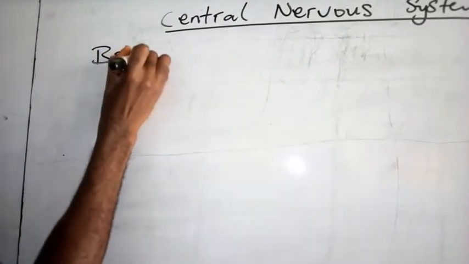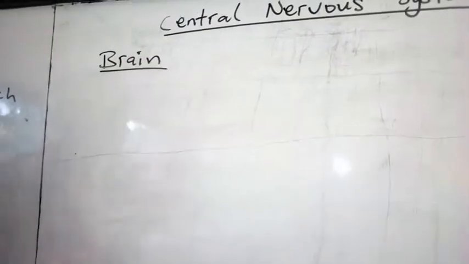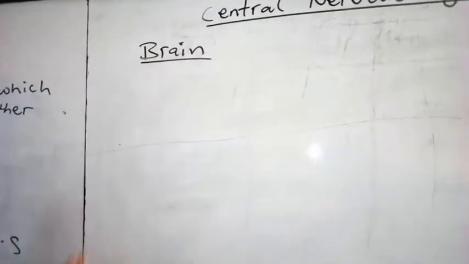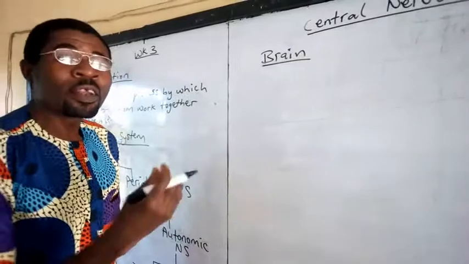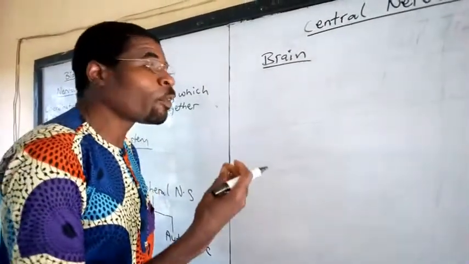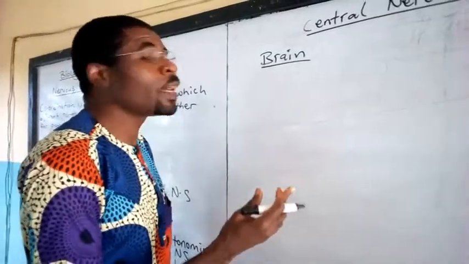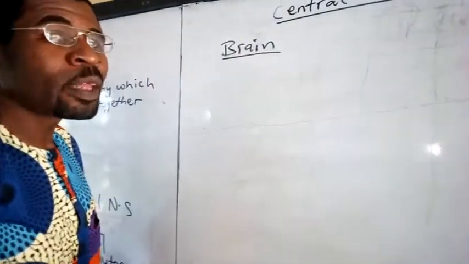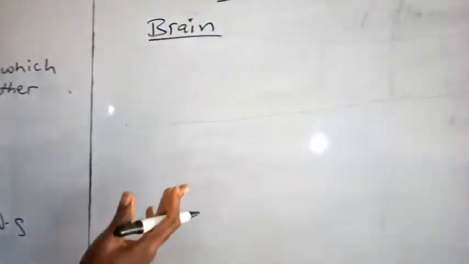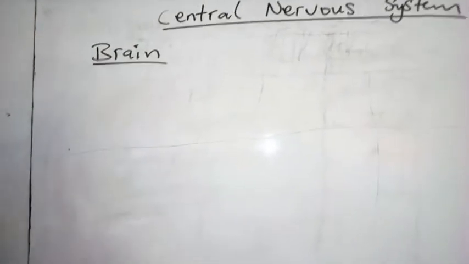Let's start with the brain. The brain is a specialized organ. It's a wonderful organ for one to have. A human without a brain is more or less immobile. If you don't have a brain, you cannot coordinate. So you can see how important the brain is.